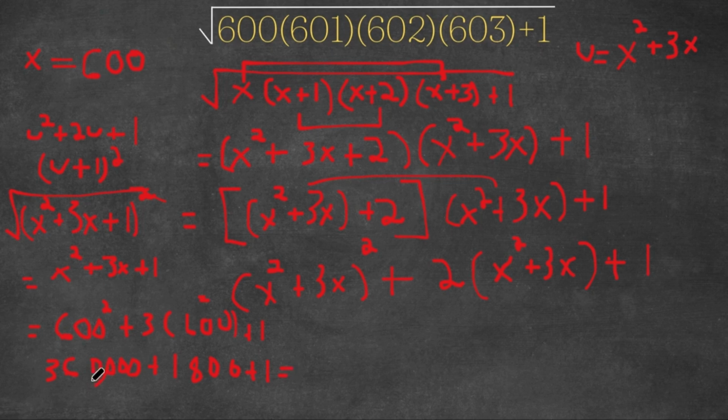And this equals, well, 360,000 plus 1,800 is 361,800. And if we add our 1, we get 361,801. So this would be our final answer. And we didn't even use a calculator to solve this.